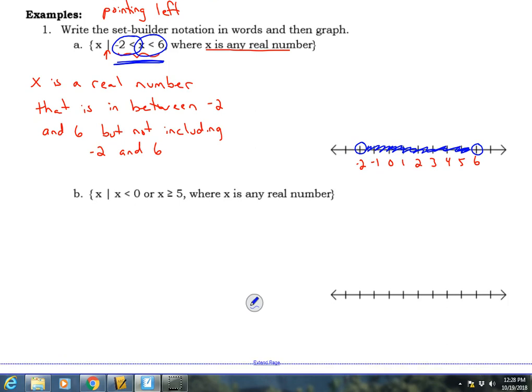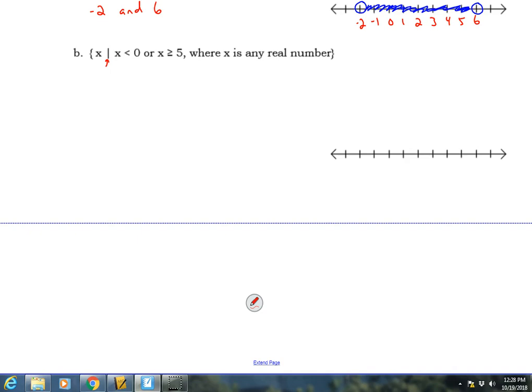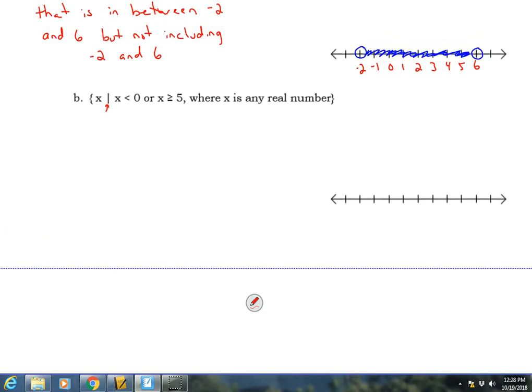Okay, for the second one, it says x, remember this bar means such that. So x such that x is less than 0 or x is greater than or equal to 5, where x is any real number.